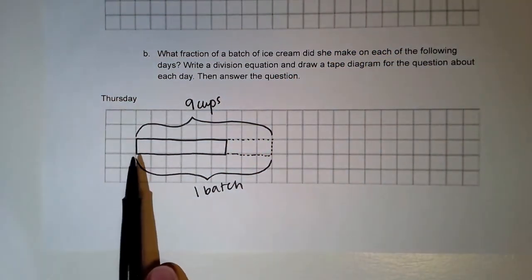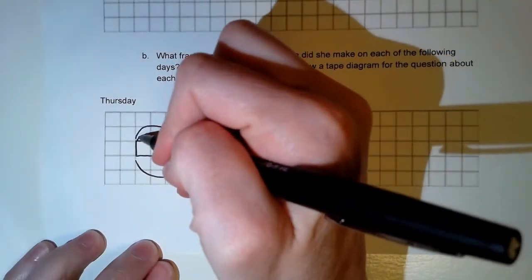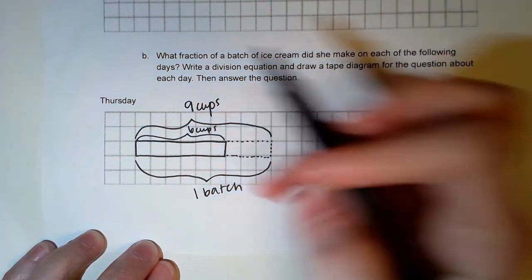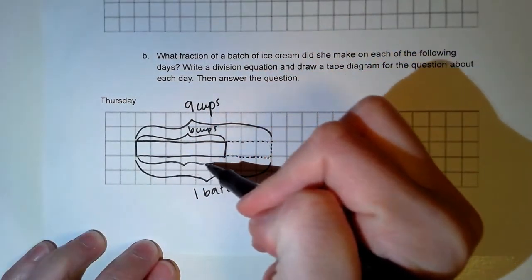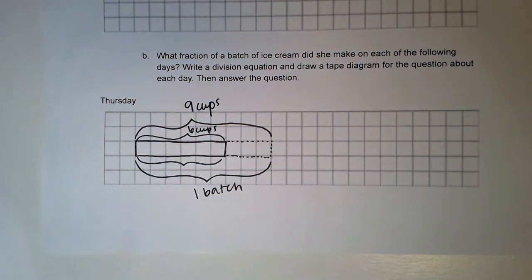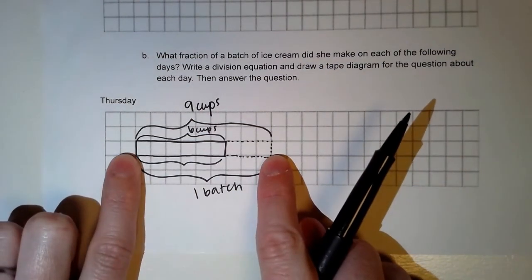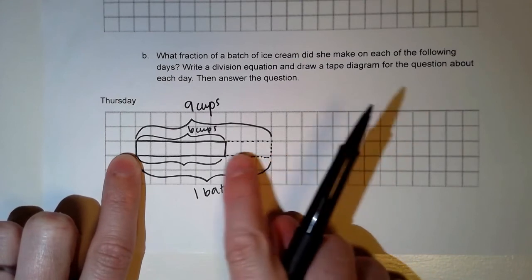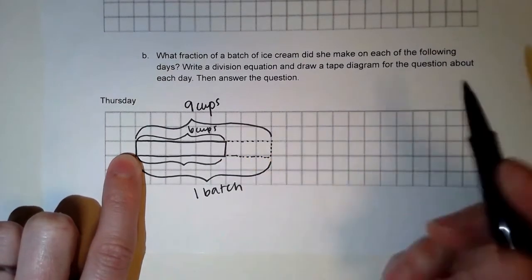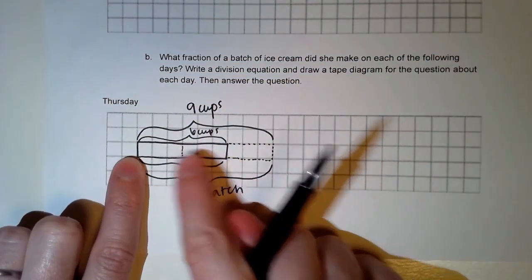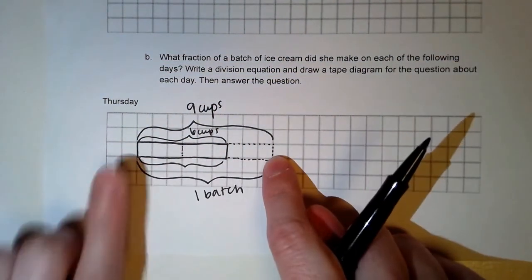But we want to know if we have 6 cups, how much of a batch is that? So just by looking at this 9 cups compared to the 6 cups, do you see how the 6 cups takes up 2/3 of the 9 cups?